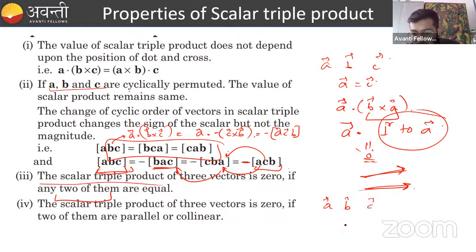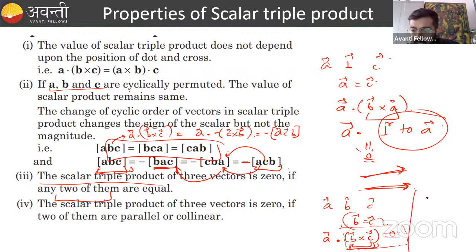In the second case, to prove this statement, let's take B bar equals C bar. When B bar and C bar are equal, B bar cross C bar will come out to be 0. So this term will be 0, and when B bar and C bar are equal, these two are 0.